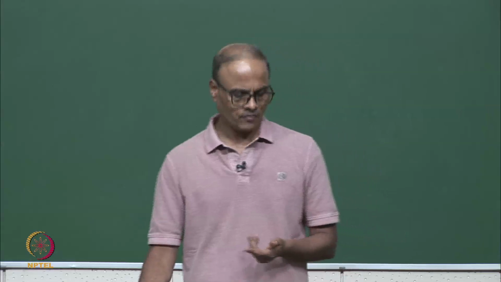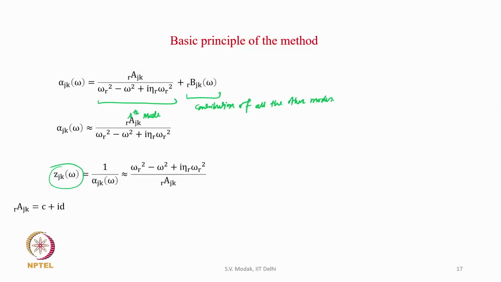Let us write it in the form of C plus iD, and if you substitute this in the expression for ZJK and simplify, separating the real and imaginary parts, then we can write ZJK in the form of the real part ZR plus i times the imaginary part ZI. ZR is nothing but the real part of ZJK, and it is given by omega r square minus omega square into C plus eta r omega r square d, divided by C square plus d square.